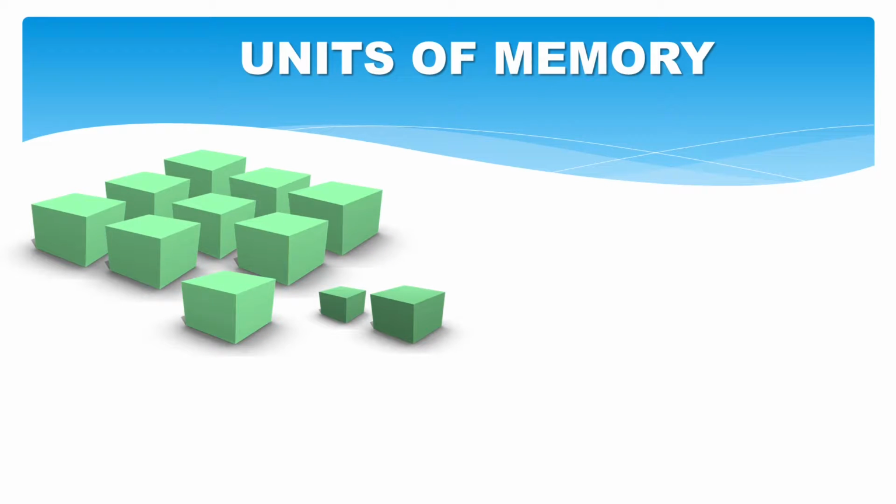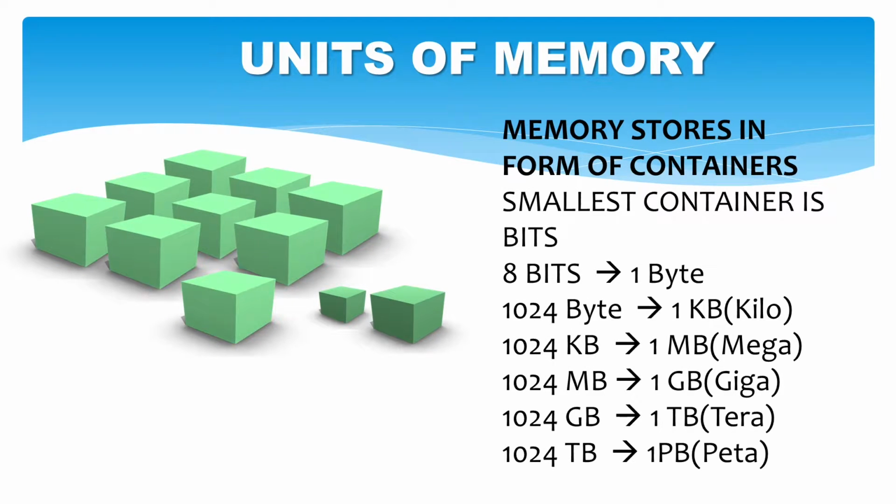So firstly, we would focus on units of memory. It is very important to understand how these data types are stored, in what form. Memory stores in the form of containers. The smallest container is bits.